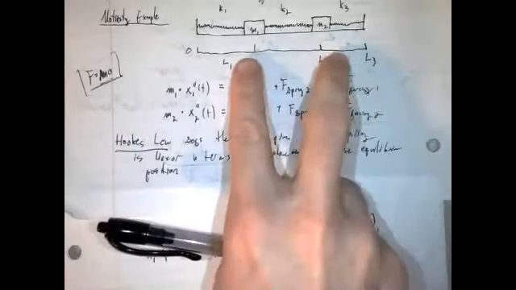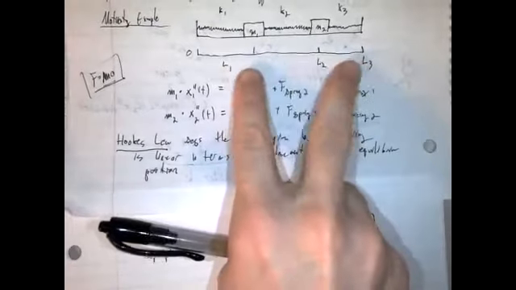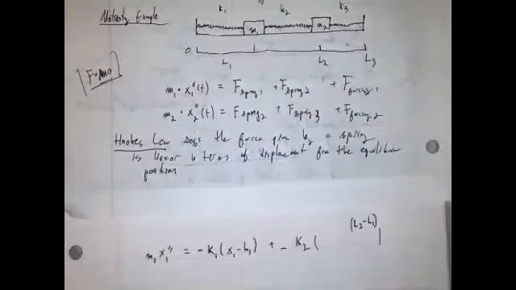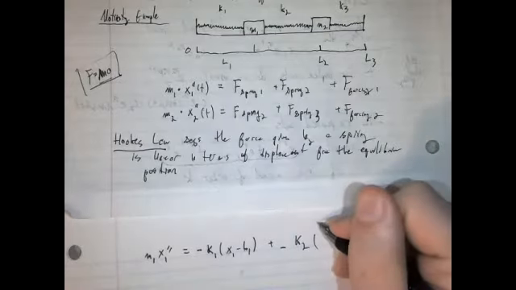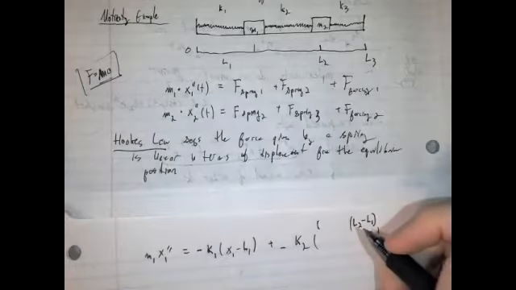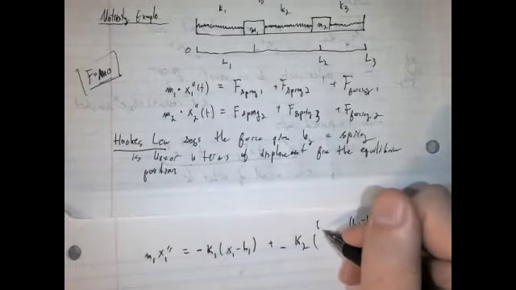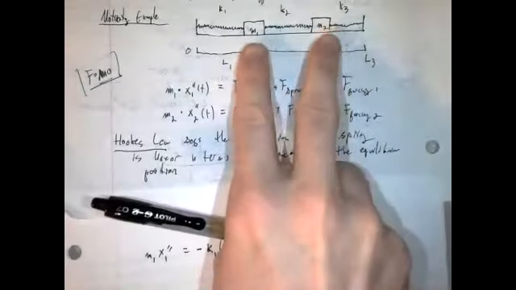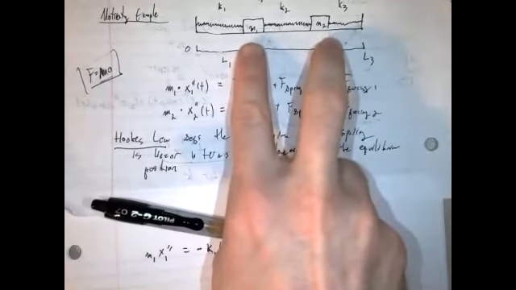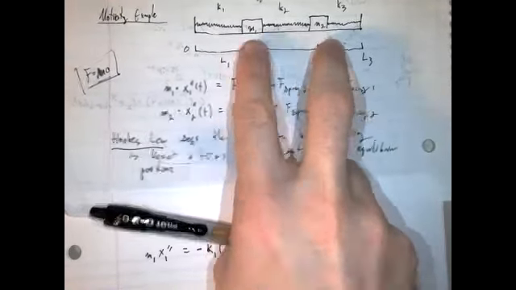And what is the actual length of this spring depending on X1 and X2? I think it should be X2 minus X1, right? X2 minus X1 measures the actual distance between M2 and M1 at any given point.